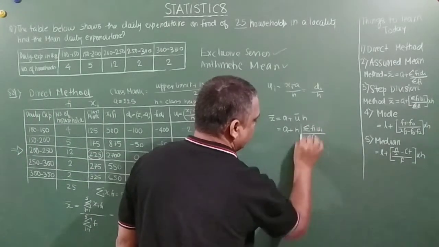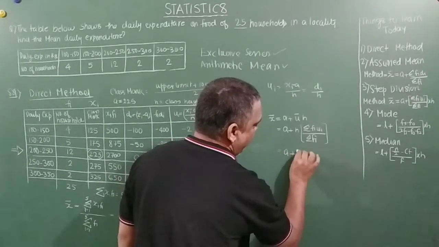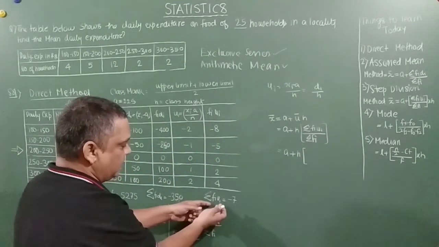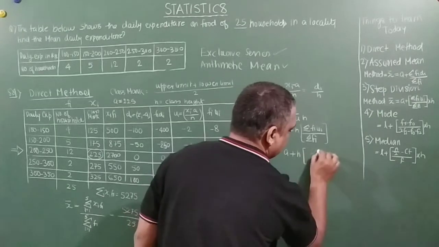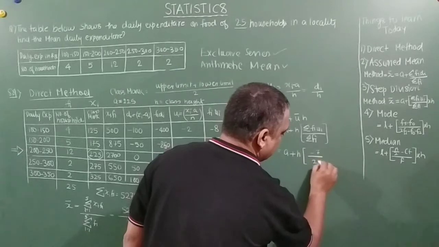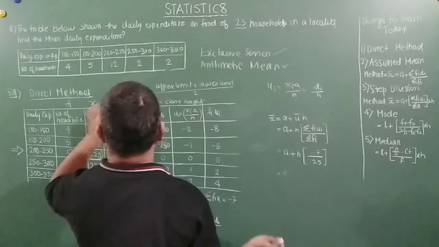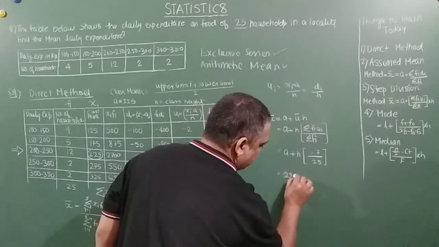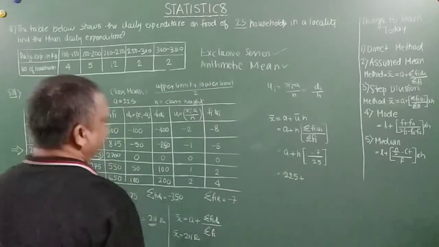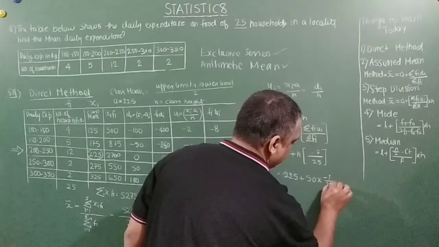Okay? So we will put it inside a bracket. I'll do the derivation next. Please don't worry about that. So h into sigma of fi ui is nothing but minus 7 divided by sigma fi is nothing but 25. Right, which is equal to a, which is our assumed mean, that is 225, plus h, which is the class height, that is 50, into minus 7 by 25.